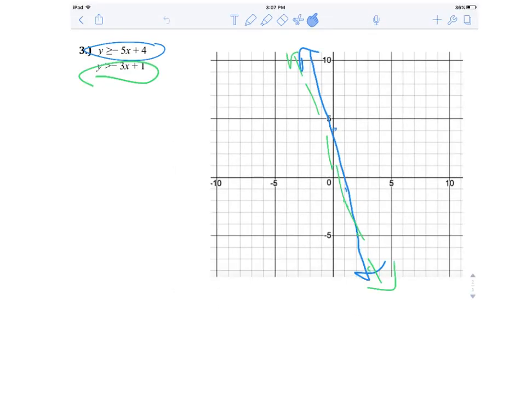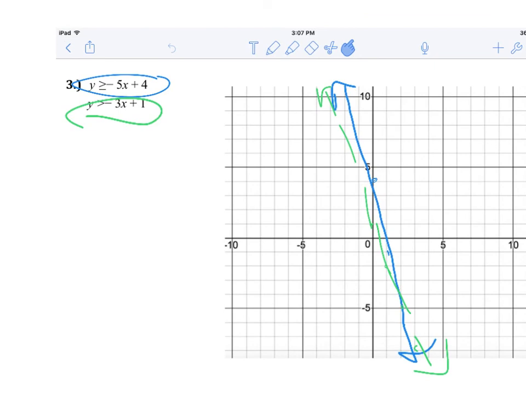So to shade, looking at the blue, again, like we did with the last two problems, we have the top part of the graph and the bottom part of the graph. Since it says y is greater than or equal to, we are going to shade the top part. So everything above that blue is going to get shaded.